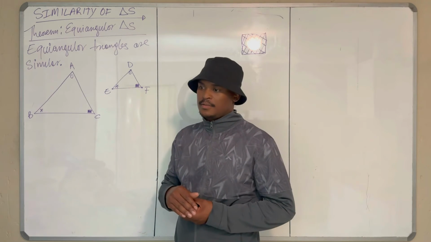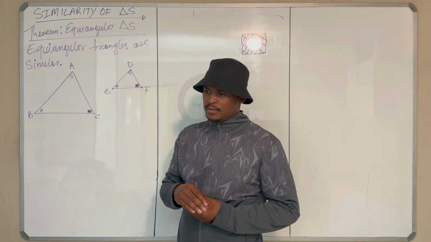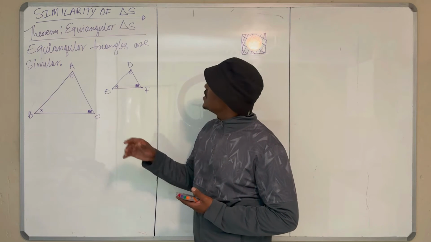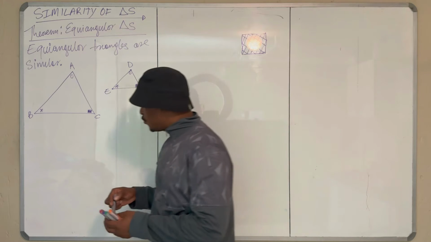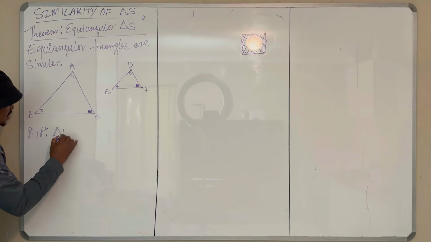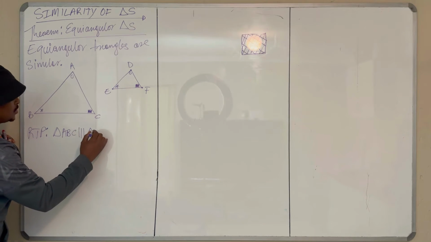Are you following? Okay. So, in this case, we're saying equiangular triangles are similar. So what do we want to prove? We want to prove that triangle ABC is similar to triangle DEF.